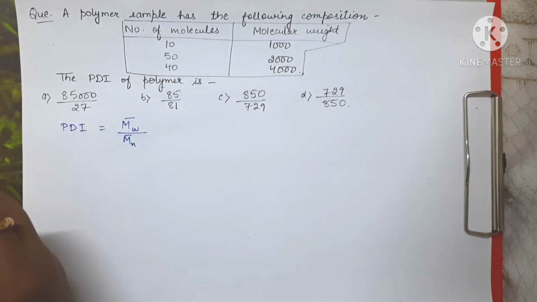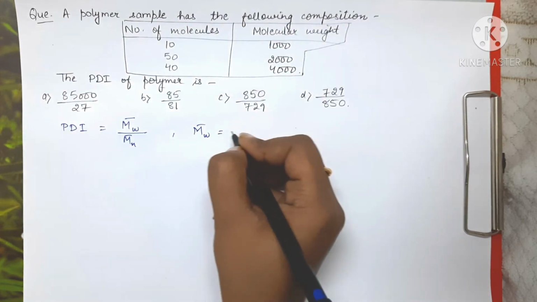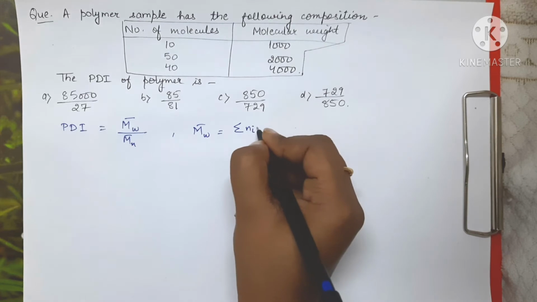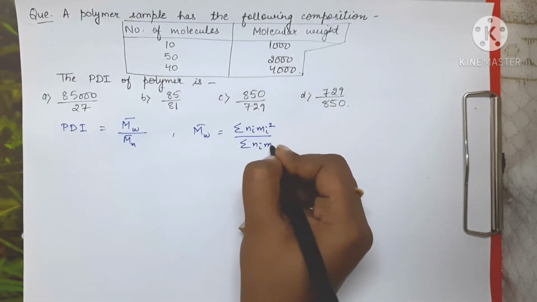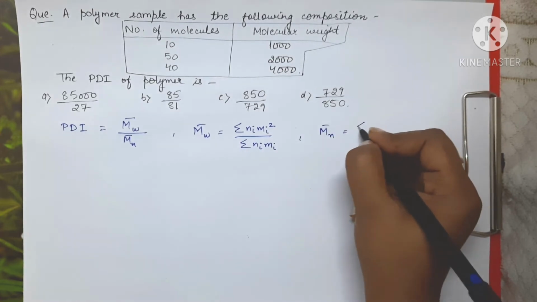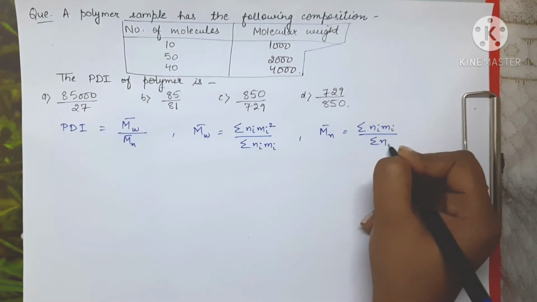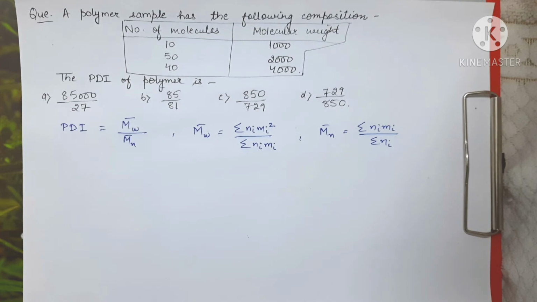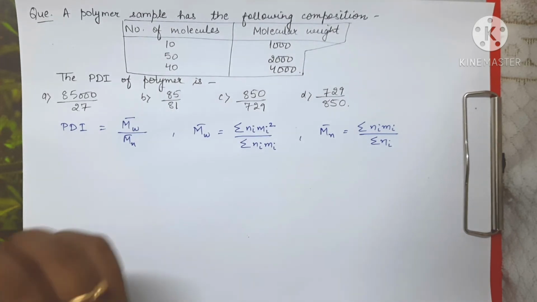Now the formula for Mw is sigma Ni Mi square upon sigma Ni Mi, and the formula for Mn is sigma Ni Mi upon sigma Ni. So these are basically the three formulas. Using these formulas we are going to find out the polydispersity index.